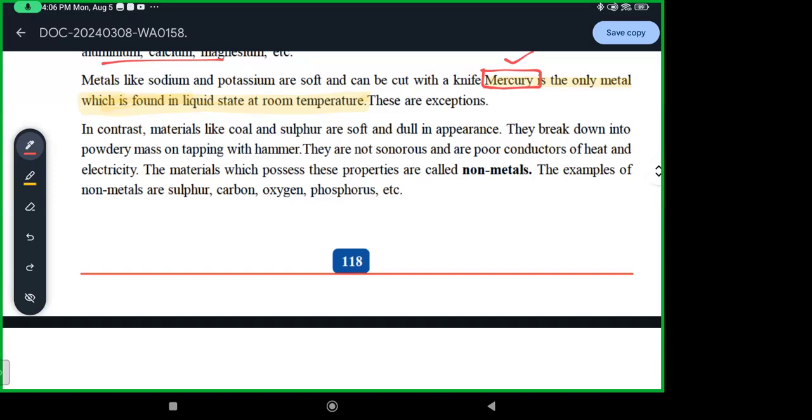It's not hard, it's not shiny, and if you bang it against a surface it will break and produce no sound. They are also poor conductors of heat and electricity. So they are non-metals. The materials which possess these properties are called non-metals. Examples of non-metals are sulfur, carbon, oxygen, phosphorus, etc. These are all non-metals.